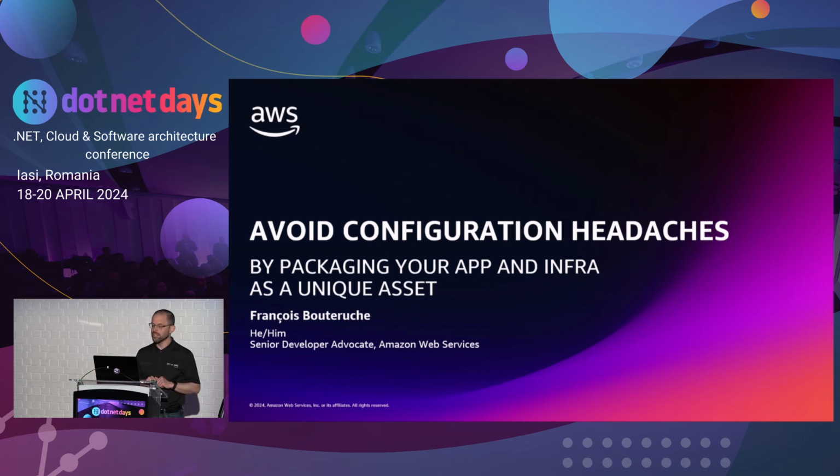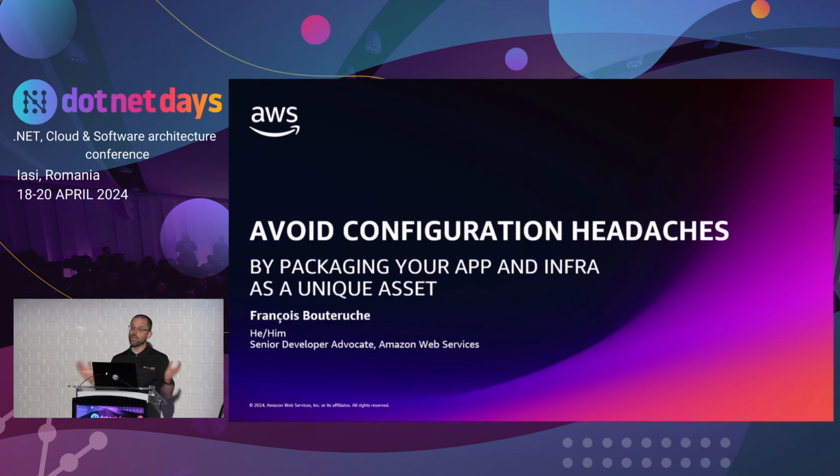In this session, I will show you how to keep your application, your infrastructure, and your configuration aligned to avoid configuration headaches and troubleshooting issues. Personally, I use the AWS Cloud Development Kit, an open source development framework for cloud infrastructure and applications, to achieve this, because I have worked with AWS for 4 years now.